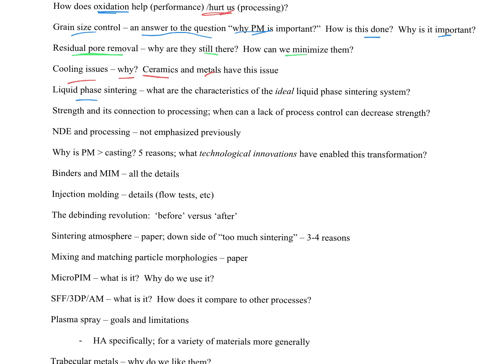Liquid phase sintering. One of the key things about the metals area is that we have these transient liquid phases. These mysterious things, in terms of superliquidus phases, show up in these particular alloy systems. A liquid will appear due to phase diagrams, and that liquid will be there and enable densification to occur.